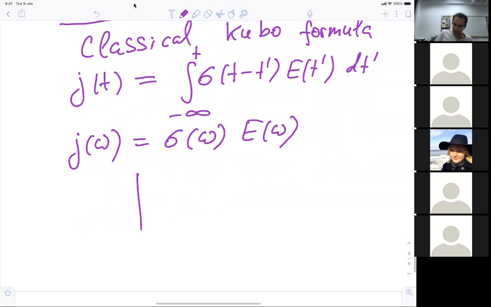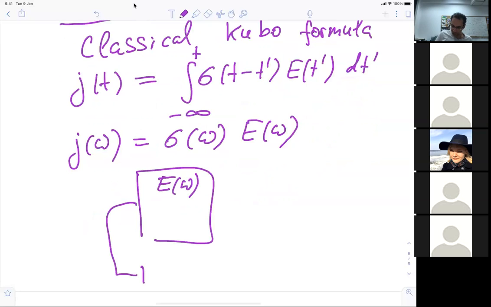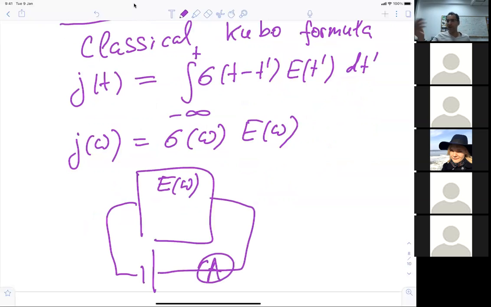How it works: you have a circuit, you apply a time-dependent electric field to this circuit, and you measure the current that flows through the circuit. This is a typical linear response measurement.